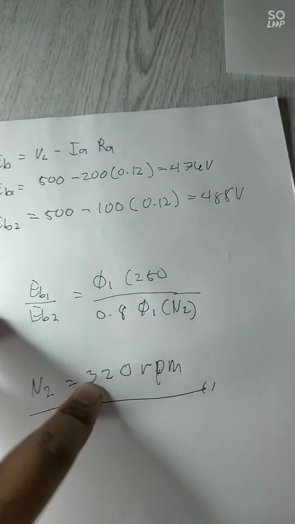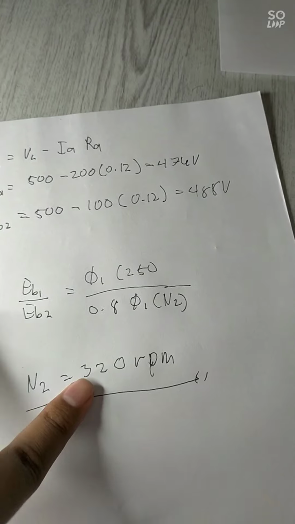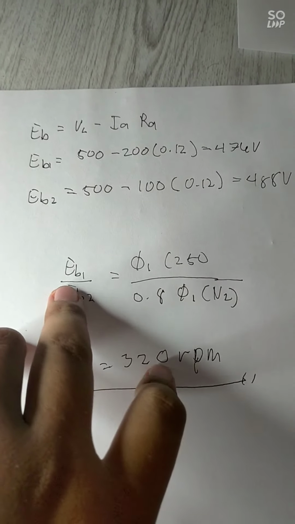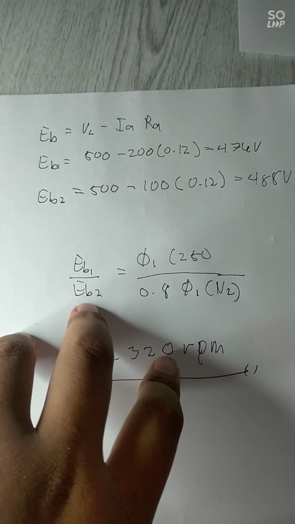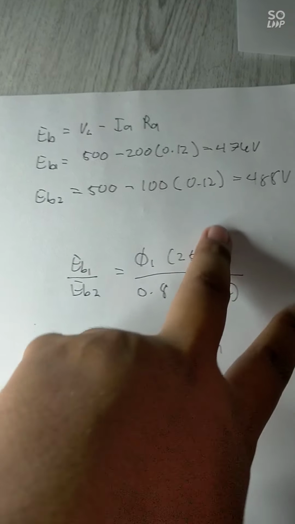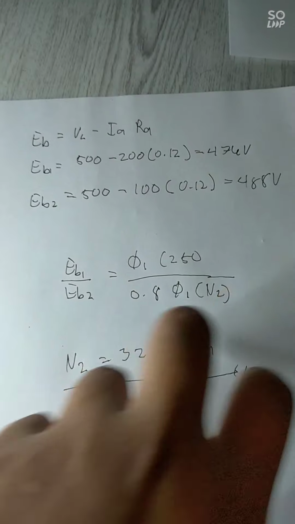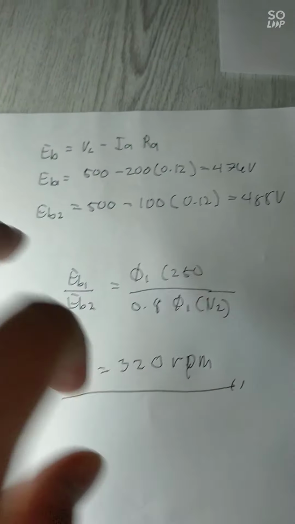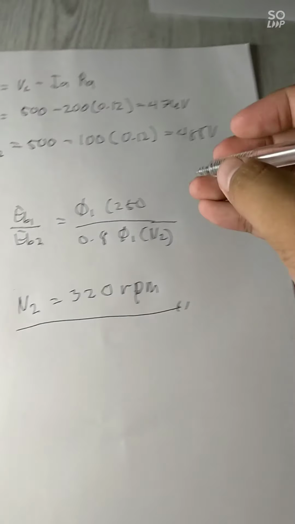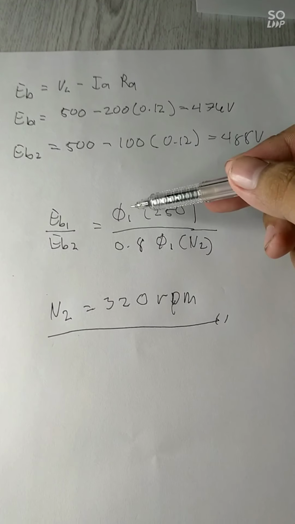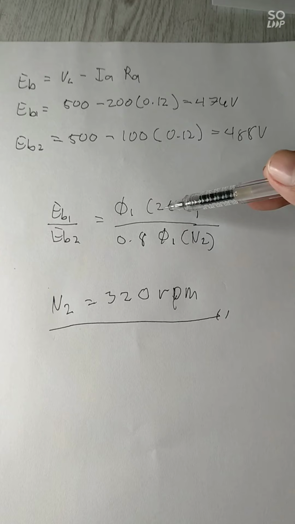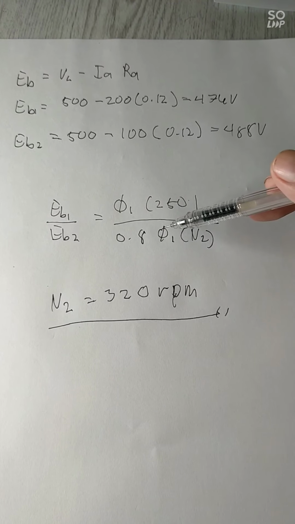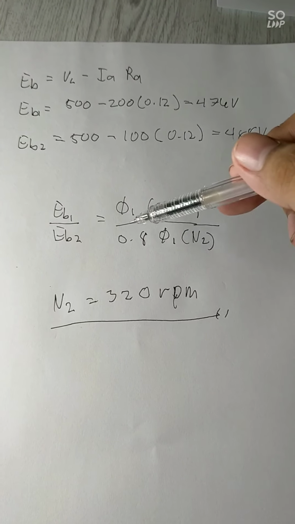So natay formula sad nga EB1 over EB2. So since na naman tayo formula ani nila, tuloy ni sila i-substitute diri. So natay N2 is equals to flux 1 times 250 over 0.8 flux 1, kay ni-reduce siya 80%.